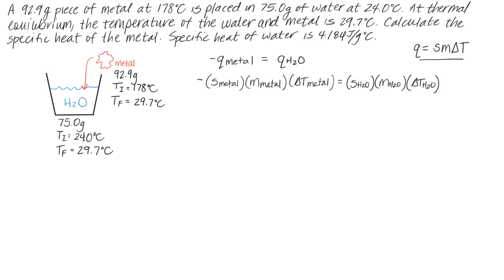Now let's start plugging in some numbers into our equation. We don't know what the specific heat of the metal is, so we'll leave that as an unknown variable. We know the mass of the metal is 92.9 grams. The change in temperature for the metal is the final temperature minus the initial temperature.